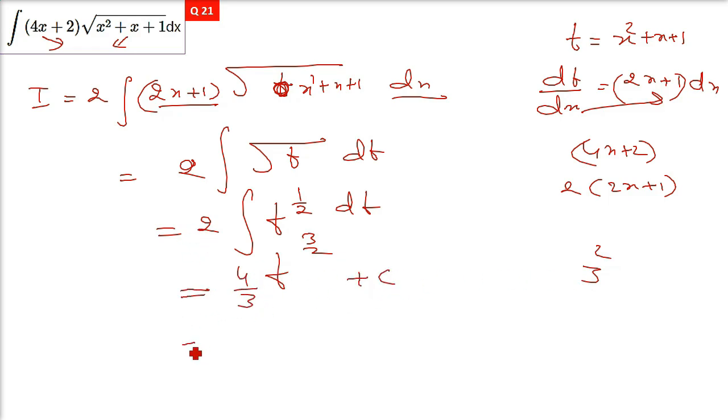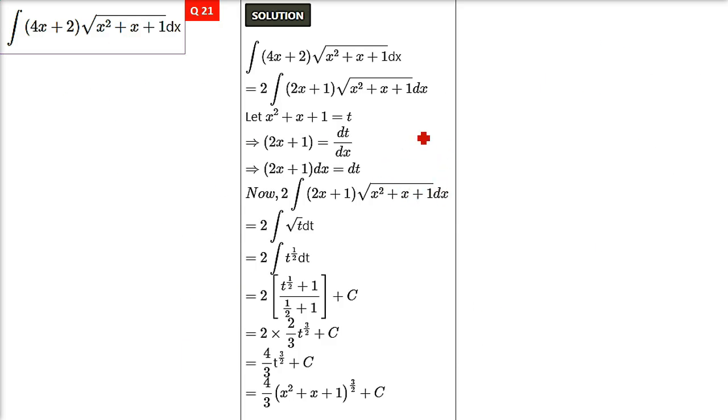So 4 by 3, t raised 3 by 2 plus constant of integration. And t was originally x square plus x plus 1. So when you have this, you can just add a constant of integration also with a power of 3 by 2 in the t term which we replaced. So this is how we are going to go about it. The only thing is, if you place x square plus x plus 1, 2x plus 1 will come and 2 has to be taken out.